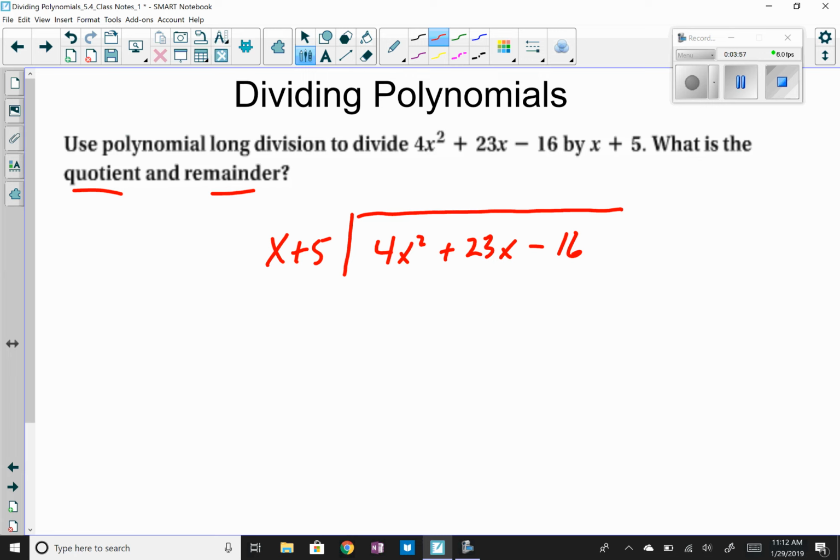All right, so again, we ask ourselves, what do we need to multiply to x to get 4x squared? The answer to that is going to be 4x. So we're going to put that in the x column. I'm going to distribute the 4x to the x plus 5, and we'll get 4x squared plus 20x.